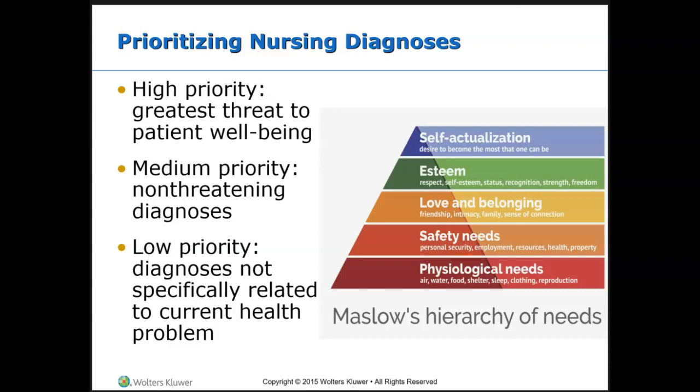Okay, prioritizing nursing diagnoses. Holy smokes, we're going to be doing a lot of this, because as I've mentioned numerous times, you are continually prioritizing and reprioritizing your patients to know exactly who is most urgent and needs your attention now. So we need to prioritize our nursing diagnoses and direct our nursing care to address the most life-threatening problems first.